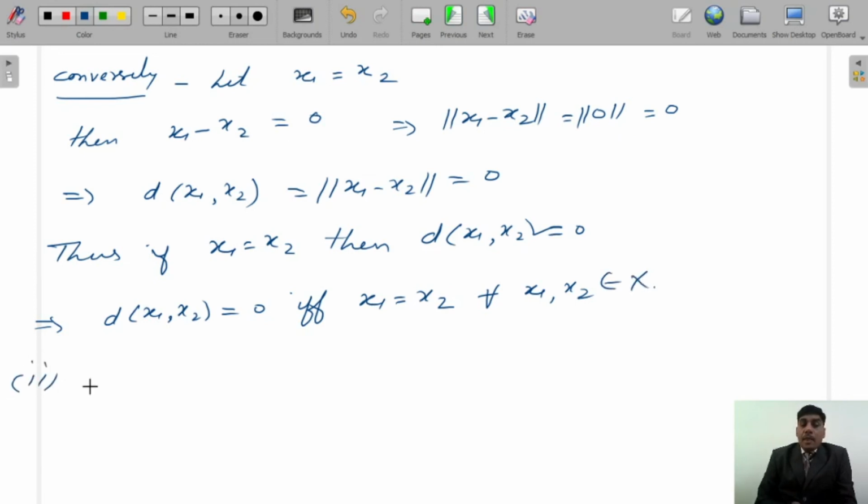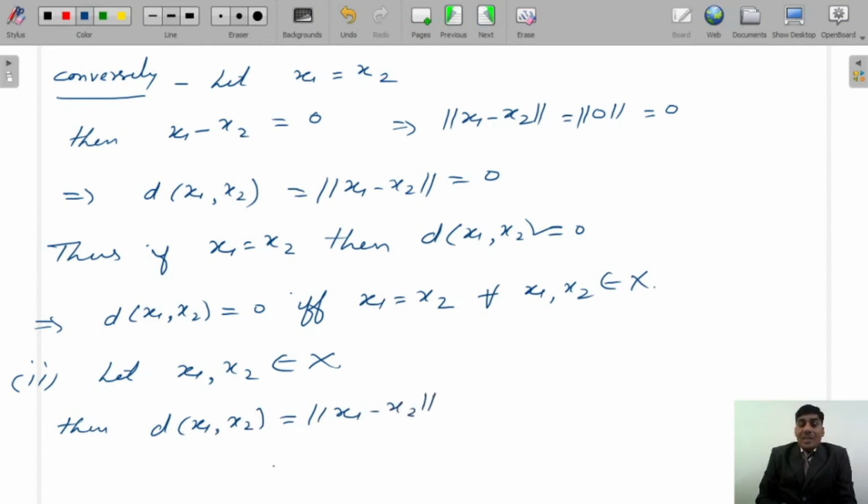Second, let x1, x2 belongs to capital X, then distance between x1, x2 is equal to norm of x1 minus x2, which is equal to norm of minus 1 into x2 minus x1, which is equal to modulus of minus 1 into norm of x2 minus x1.